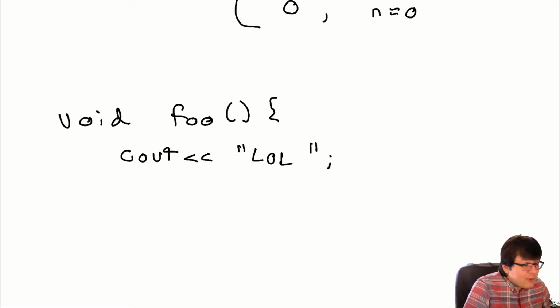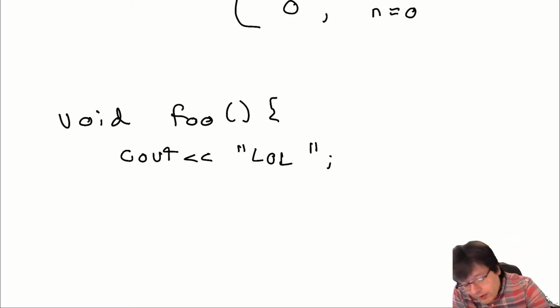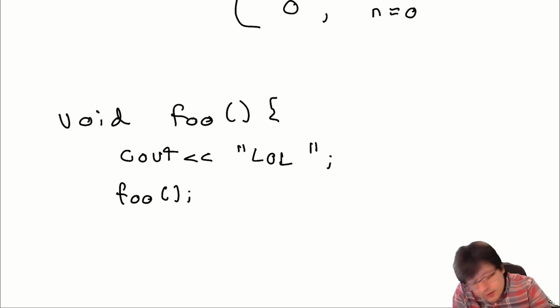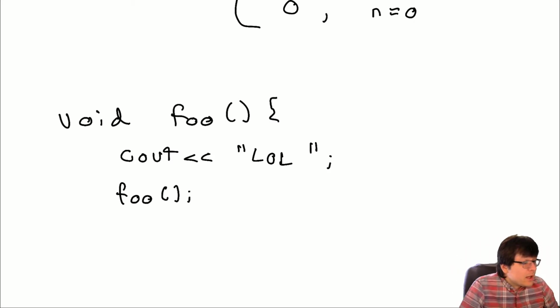So what if I call the function foo inside of foo? What's going to happen then? Well, the foo function is going to call another instance of foo, which is going to print out LOL as well. And pretty much this will continue also forever, right?